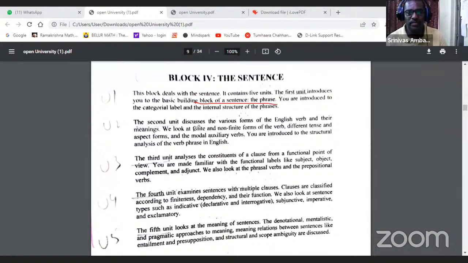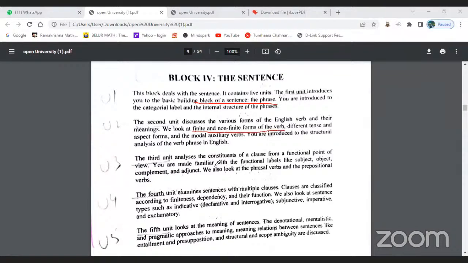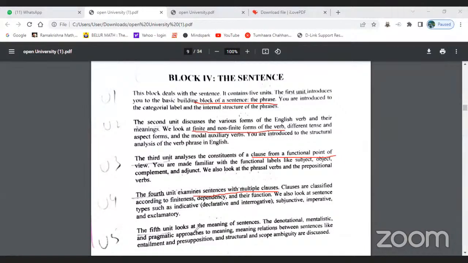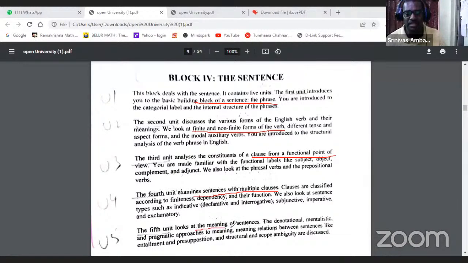Block 2, finite and non-finite verb. Block 3, clause from a functional point of view. Unit 4, the fourth one, simple, complex and multiple sentences. The fifth unit, meaning of sentences. Like this you should have. See, block 4, you can easily understand.